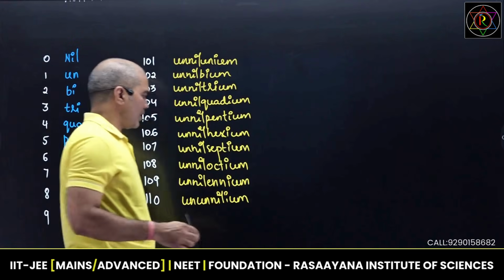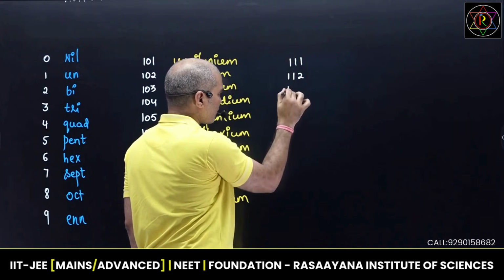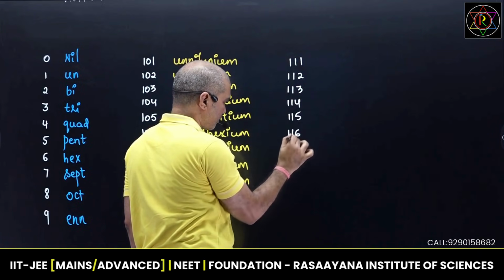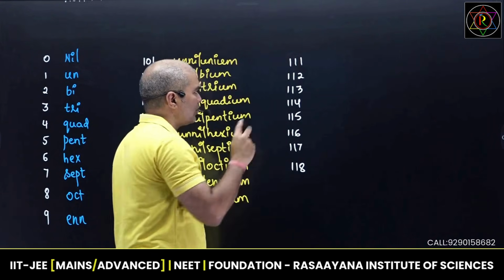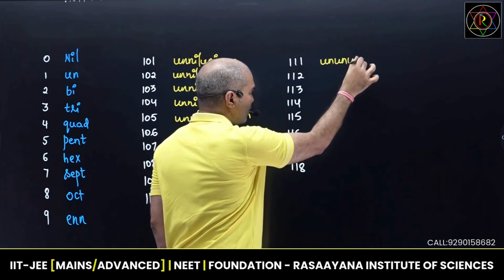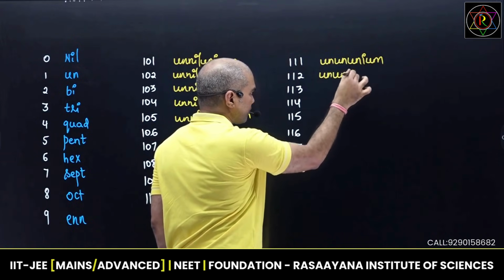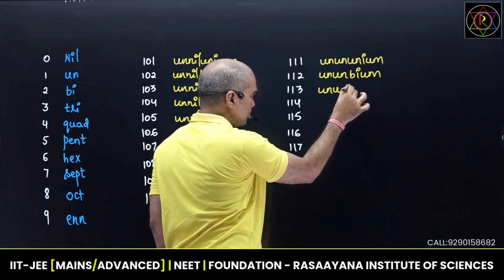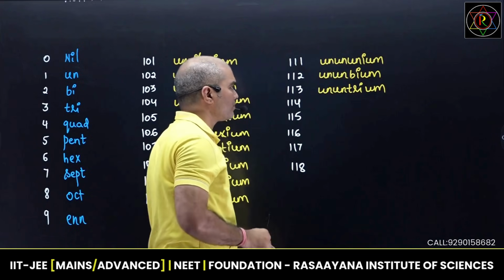Later on, we'll also take up from 111. Nil will not come. It is like un. Every time un will repeat. Un, IUM. Un, unium. Un, bium. Un, tri, IUM. Directly I write it as un, trium.